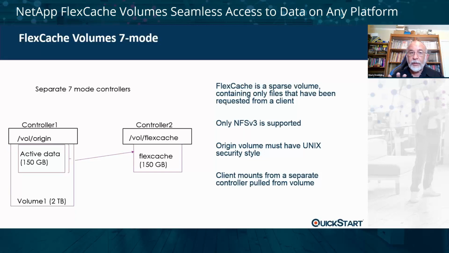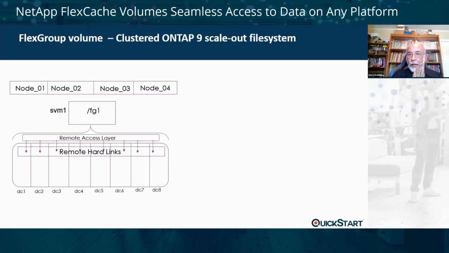This was executed in 7-mode with NFS version 3 semantics, and so because of that, it was tied very closely to NFS v3. In clustered Data ONTAP, the FlexCache volume is actually a FlexGroup volume. I know it gets a little difficult semantically there.